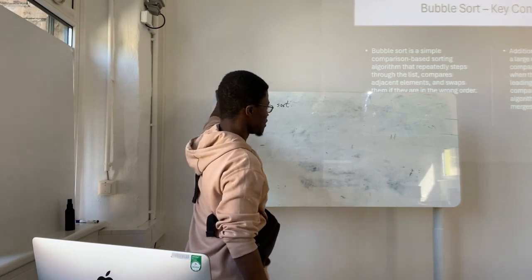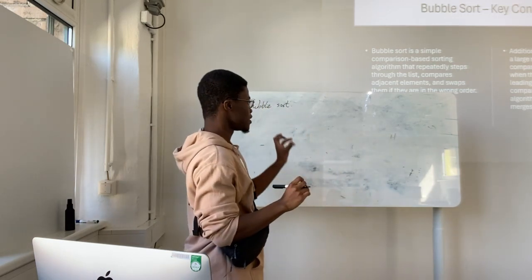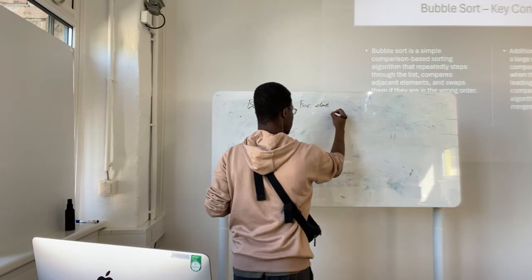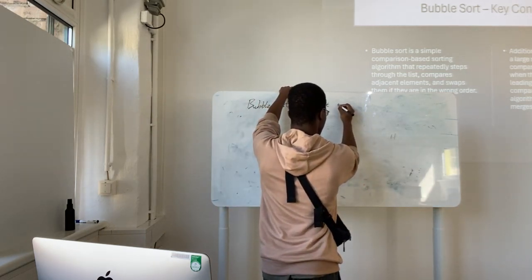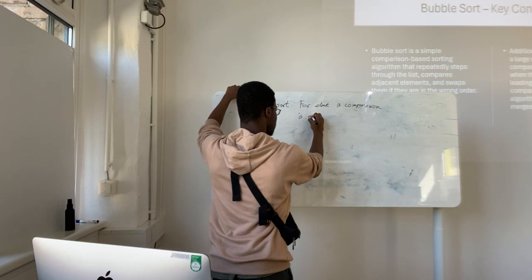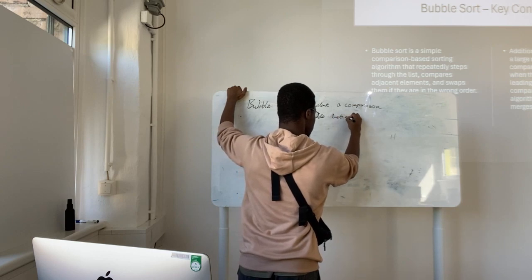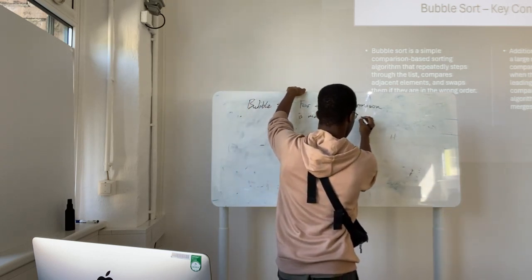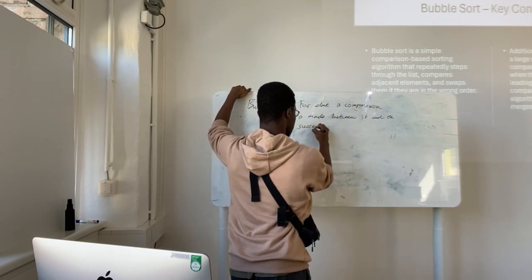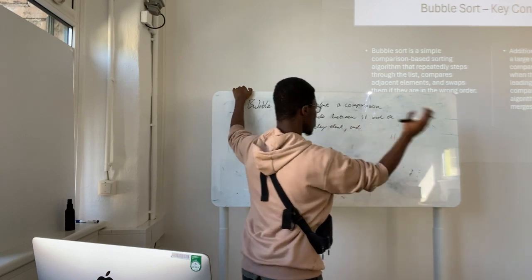So bubble sort. It's basically an algorithm where, for each element, a comparison is made, no matter what, between it and the succeeding element, and the lesser of the two is sorted.